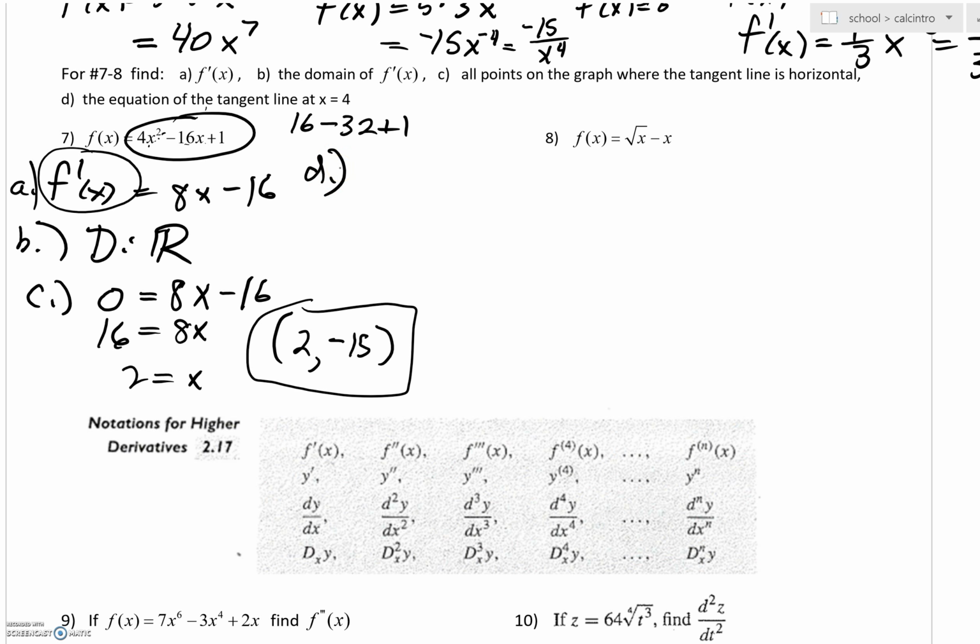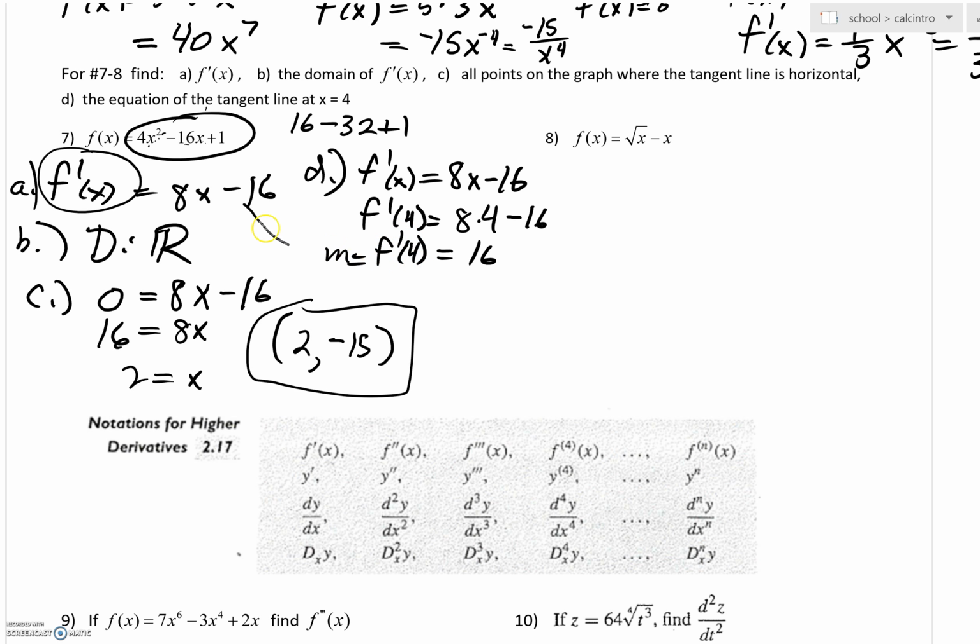And then they'd say, well, write the equation of the tangent line at x equals 4. Well, wow, we've done that before, haven't we? We have to be real careful here. We've got to, first off, say my derivative is right here, but now I want to know the tangent line slope at 4. And if I plug that 4 in, 8 times 4 is 32. 32 minus 16 is 16. That's your m.